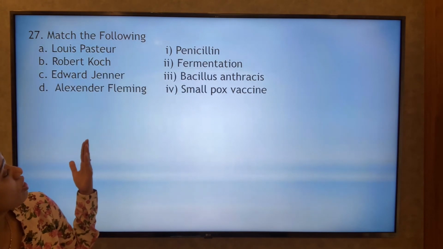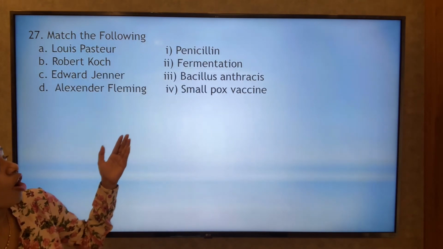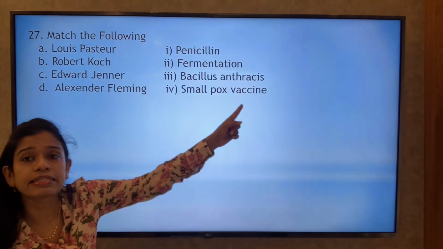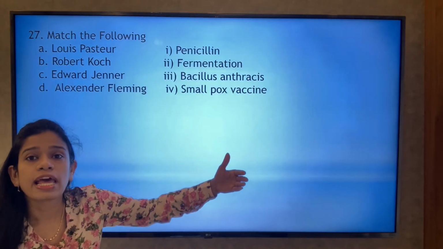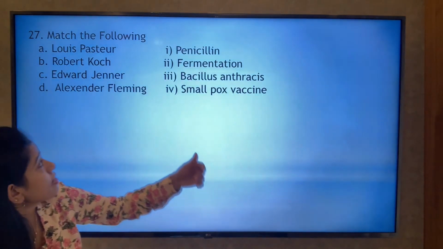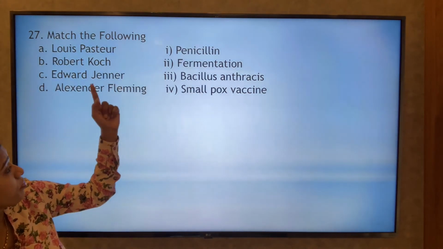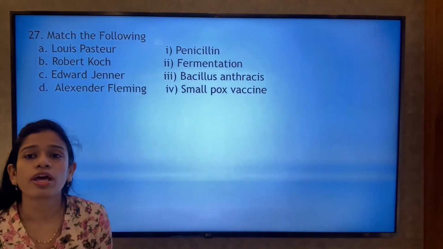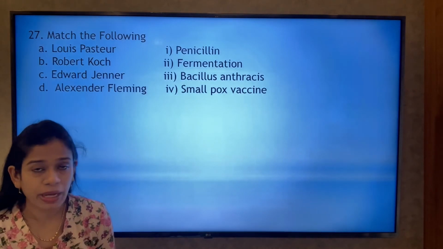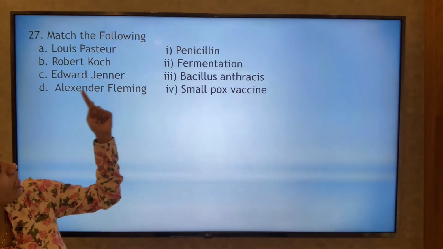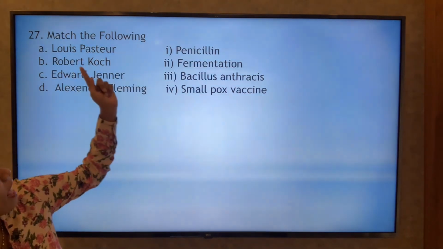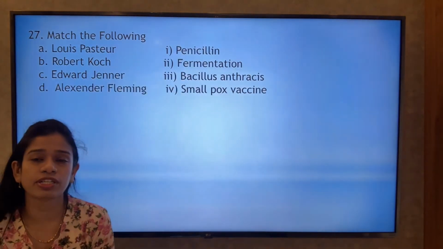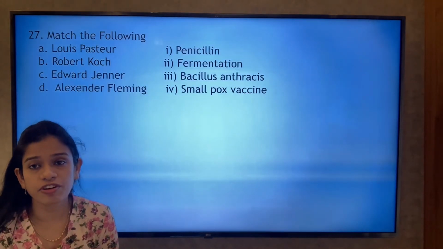We know Robert Koch helped in the discovery of the bacteria Bacillus anthracis, which causes the disease anthrax. Alexander Fleming is famous for the discovery of penicillin, and Edward Jenner for the smallpox vaccine, and Louis Pasteur helped in the discovery of the process of fermentation.